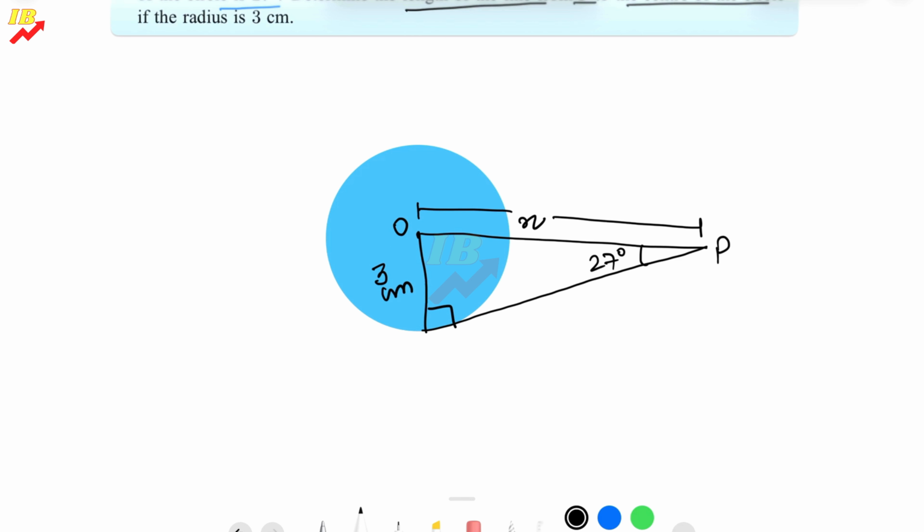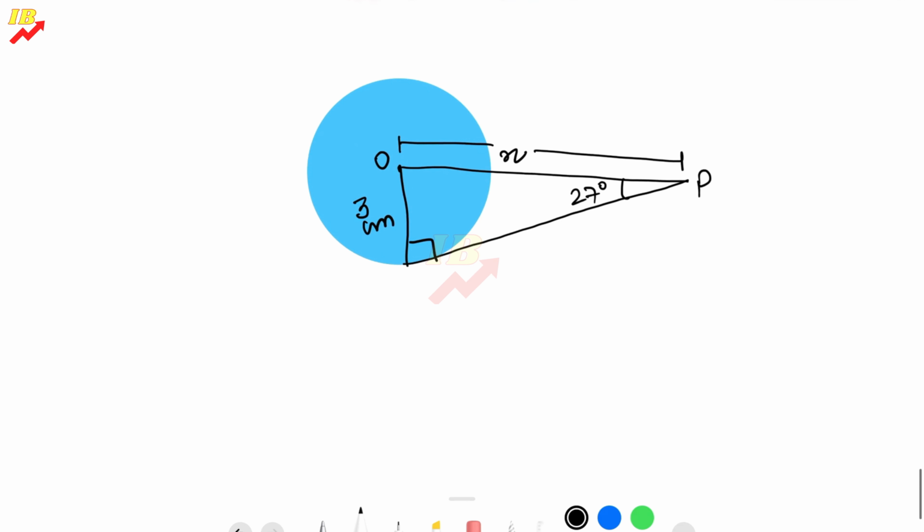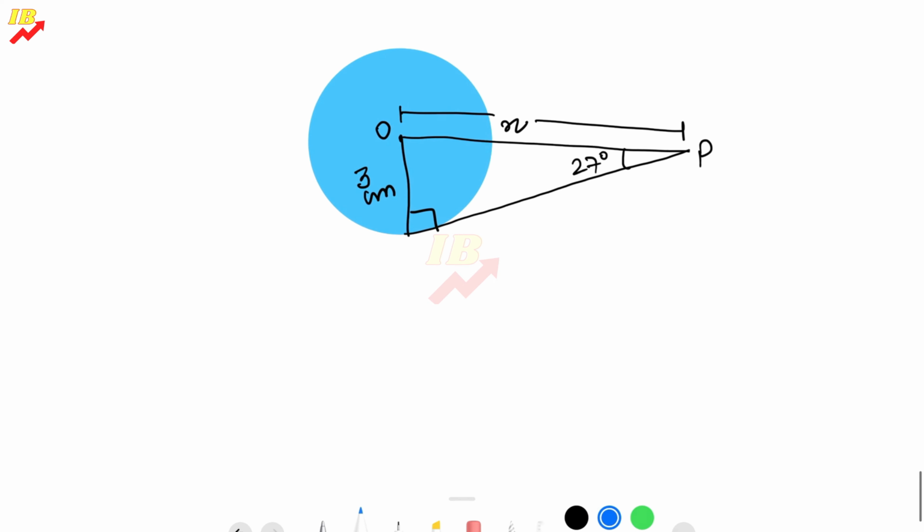Everything is there in the figure. You don't require the question now. Now let's jump on to how to solve this. What did I tell you guys? I told you to label the triangle first. So if this is 90, this is my hypotenuse. This is my theta angle, and this is my opposite.